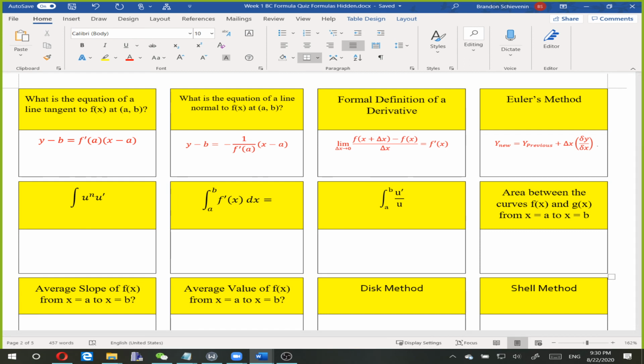Okay, Kelly, over to you. If I integrate u to the n power u prime, what will happen? Okay, plus, we didn't have any bounds, so I need one more thing.